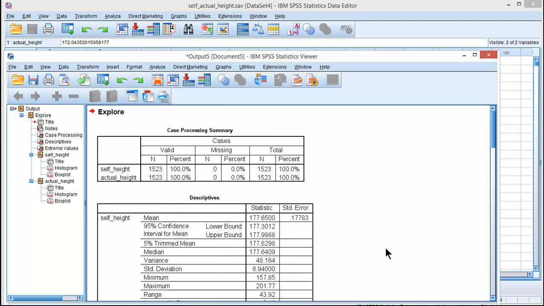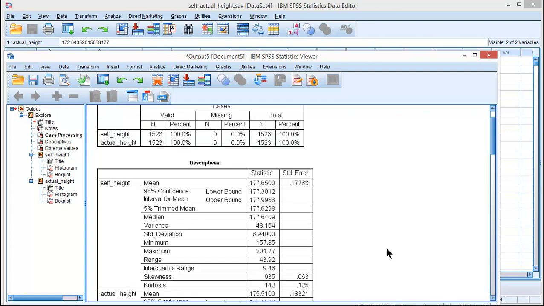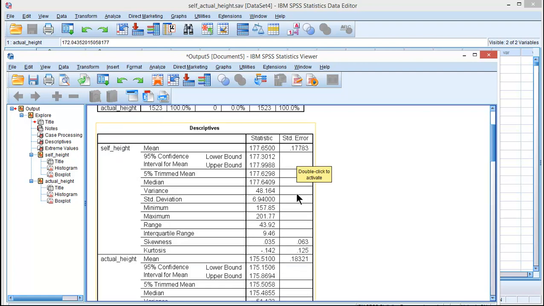Now, this study isn't about a test of the difference between means. I'm not looking to see that people self-report their height to be more than their actual height. That would be a separate analysis. In fact, think about it. What do you think the answer to that would be? If I wanted to test whether the self-height mean of 177.65 versus the actual height mean of 175.51.